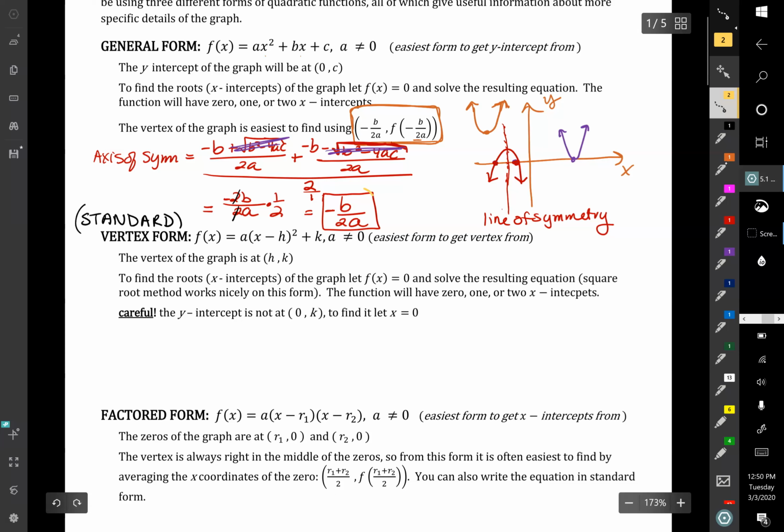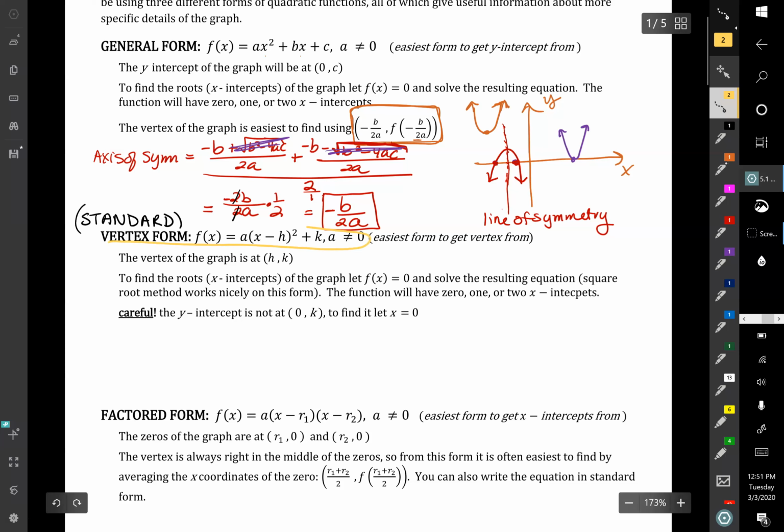Because remember, this axis of symmetry, minus b over 2a, only gives you the x part. If I wanted to know this point, I would get the x value of my vertex, but I still have to plug whatever that is into my function, no matter how I do it, to get my y value. Okay, so that's how that works.